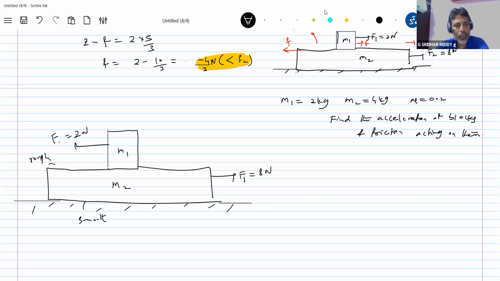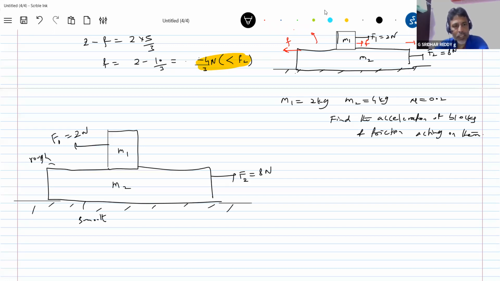The symbols, I'll change them, F1, F2. So I'll proceed like this.